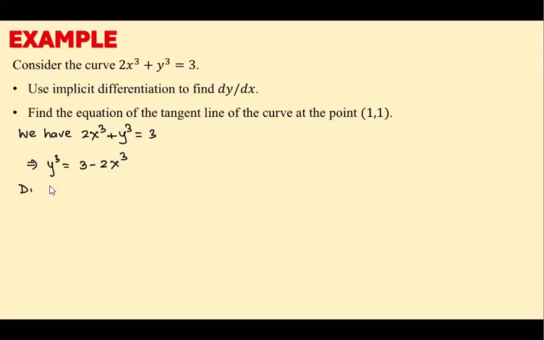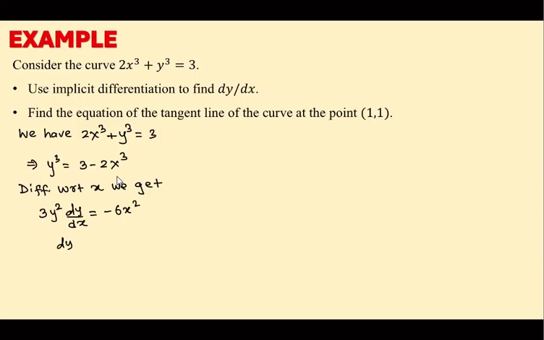So let's do that. Differentiating with respect to x, we get: the derivative of y cubed is 3y squared dy over dx, equal to the derivative of 3, which is 0, and the derivative of negative 2x cubed, using the power rule, is negative 6x squared.